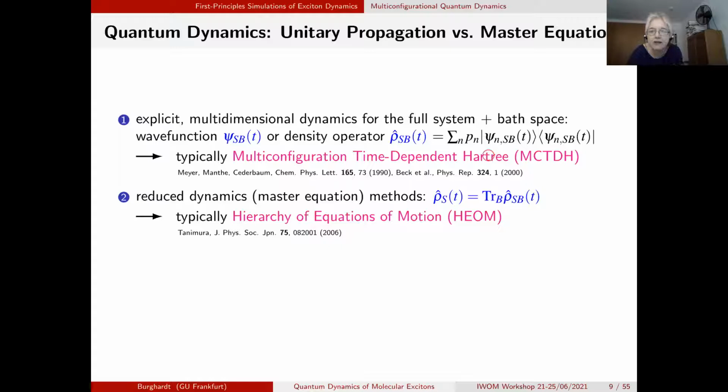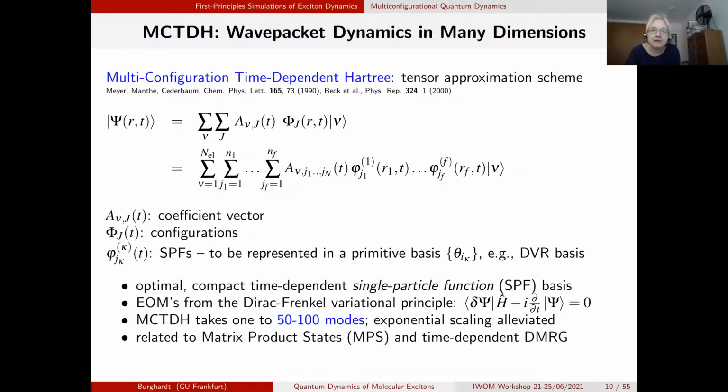That is the method that I will tell you more about in a second, but there are various other ways of doing this. Now, the second approach uses master equations. And you will need so-called non-Markovian master equations because everything is happening on the same time scale. And here, the so-called hierarchical equations of motion method is certainly one of the leading methods in the field. But for us, the wave function-based representation is a very efficient way of doing this.